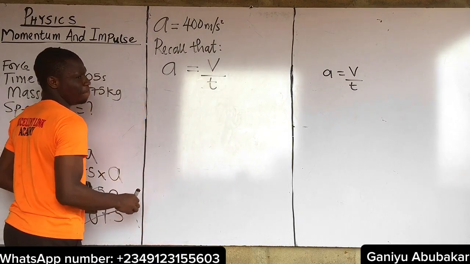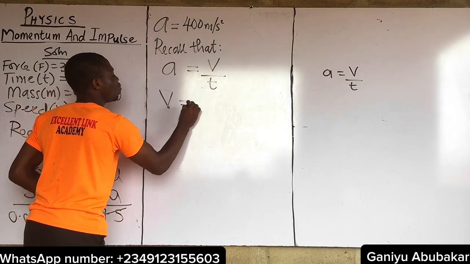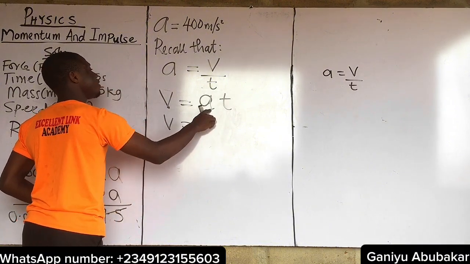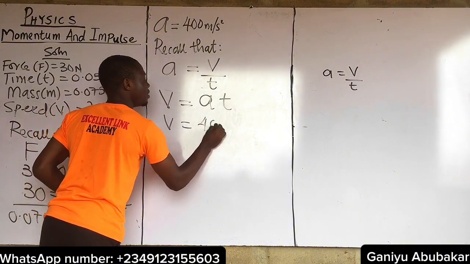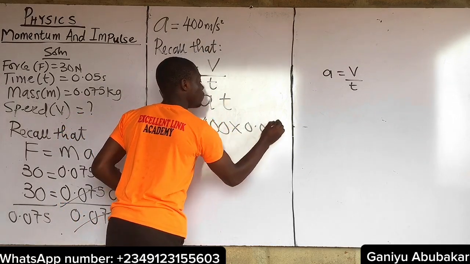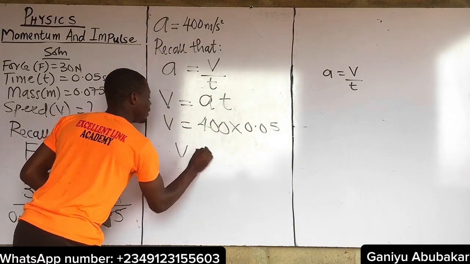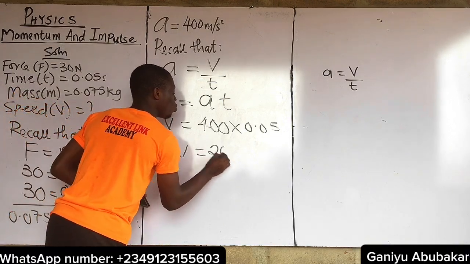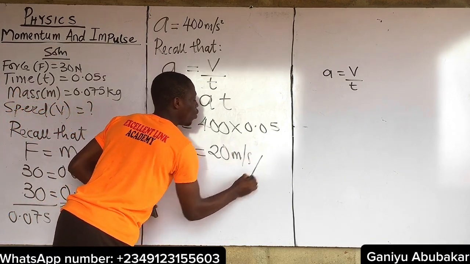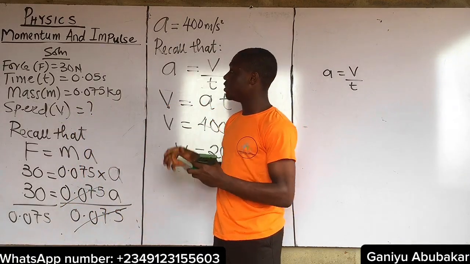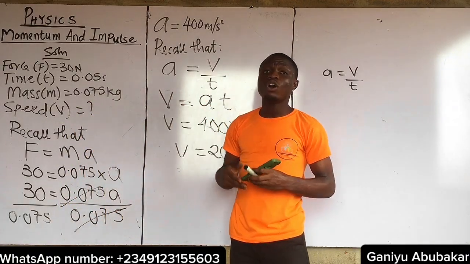Make velocity the subject, v is equal to at. v is equal to what's A? 400 times what's t? Time. That's 0.05. Multiply 400 by 0.05. I'll have 20 meters per second as my answer after finding the velocity of this question here.